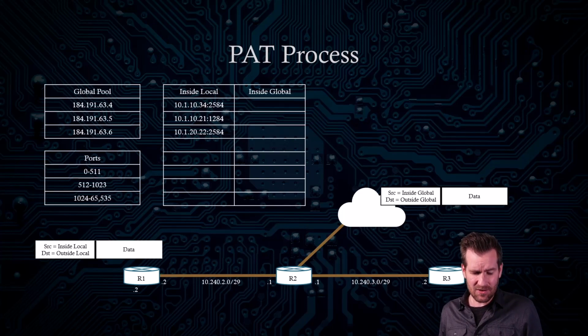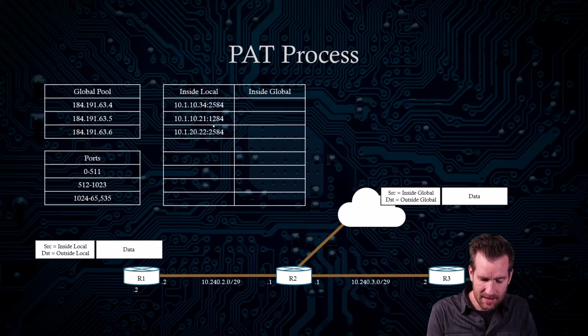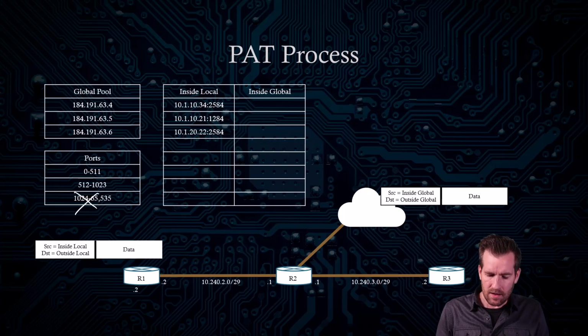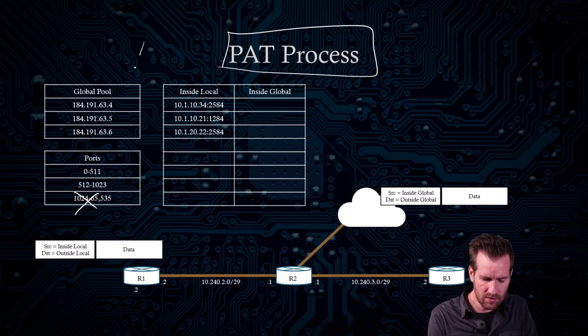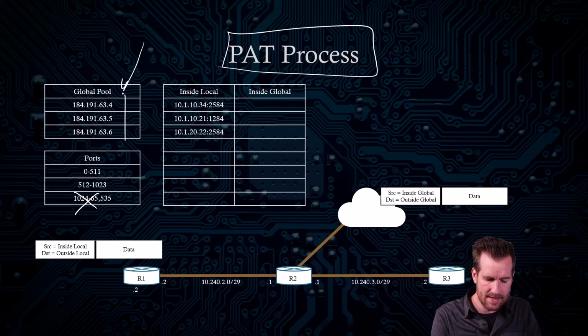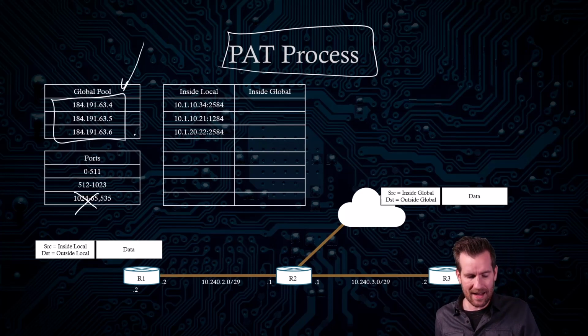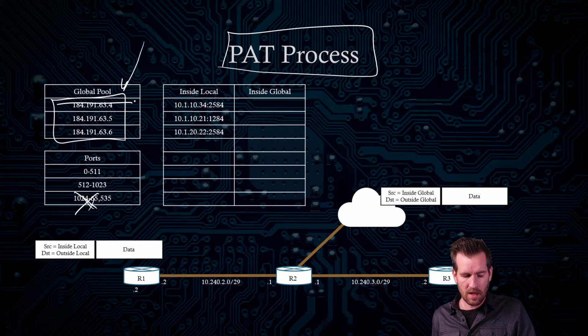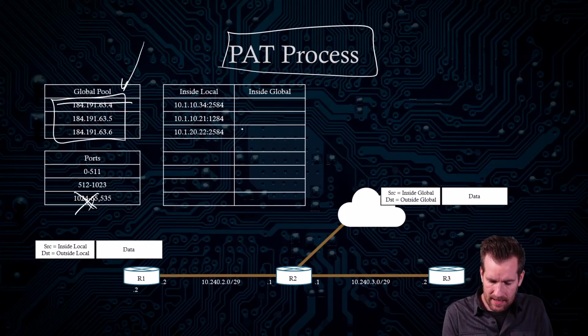That raises an interesting question: let's say that there's no more available in that port group. Then what does it do? Well, with your PAT process, you can actually define a pool of addresses that you're going to use. So when the port group is filled up for that specific IP address, then it could take the next available IP address.